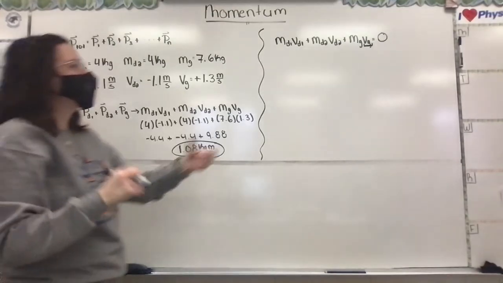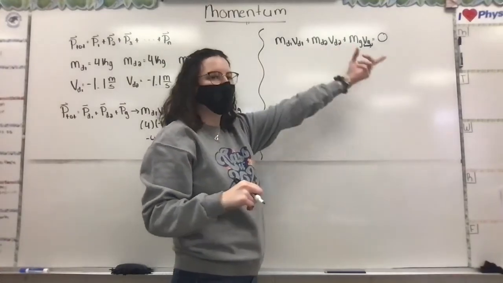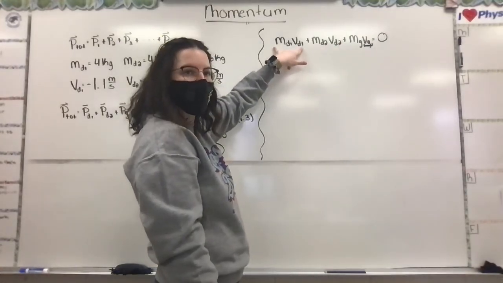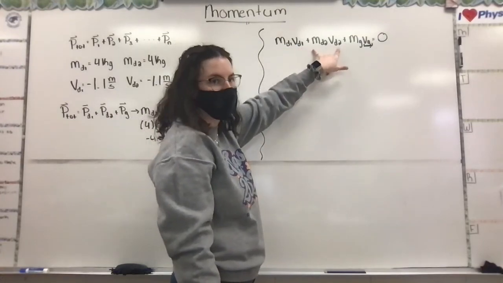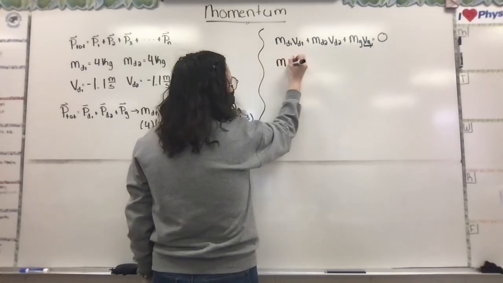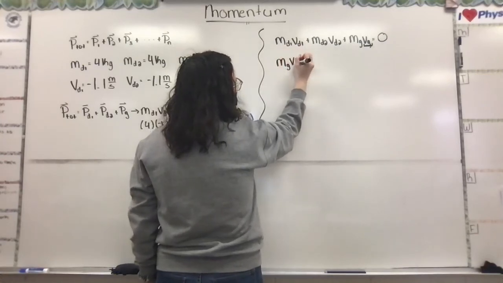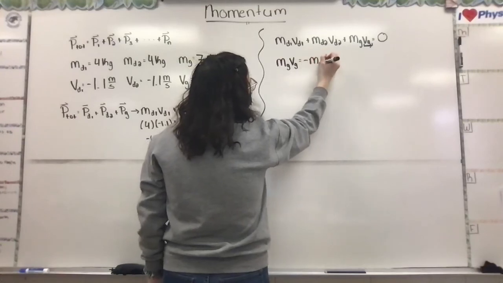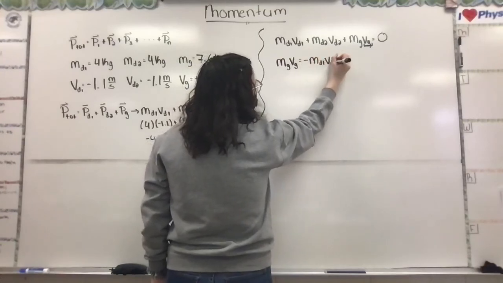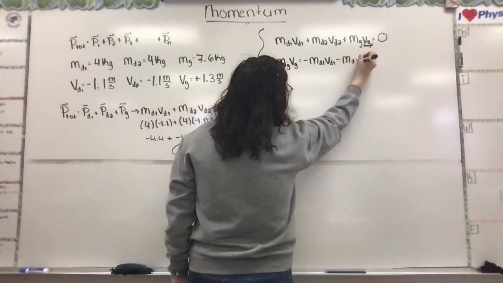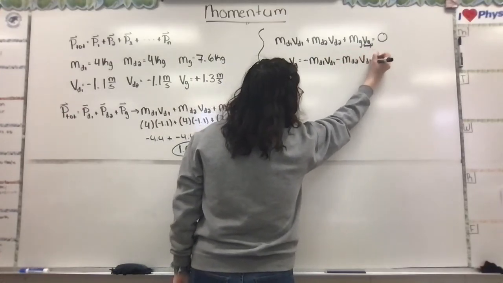Yeah, okay, so you see how all these terms are getting added? We're going to subtract this term from both sides, and we're going to subtract this term from both sides. Why we're doing that is because then we'll get the mass of the goose times the velocity of the goose is equal to the negative mass of duck 1 times the velocity of duck 1 minus the mass of duck 2 times the velocity of duck 2.